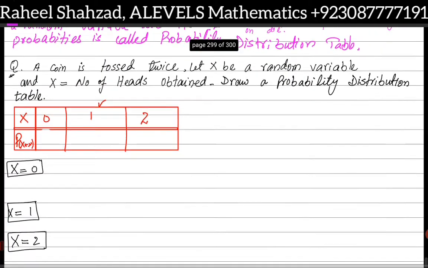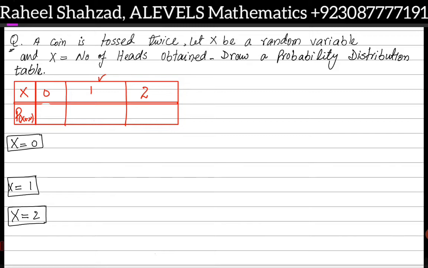Let's do a question. For example, if 2 coins are tossed, or a coin is tossed twice, and x is a random variable, let x be a random variable that shows the number of heads obtained.